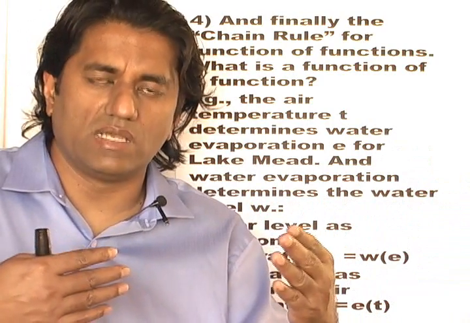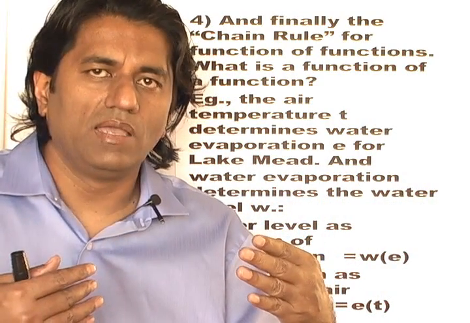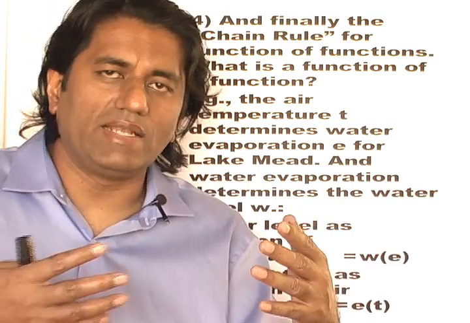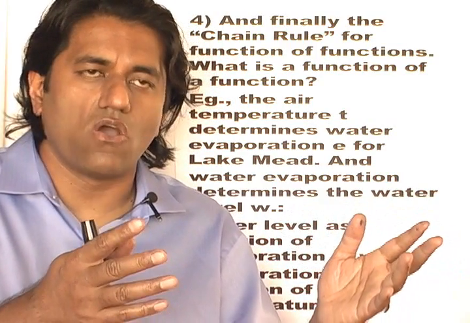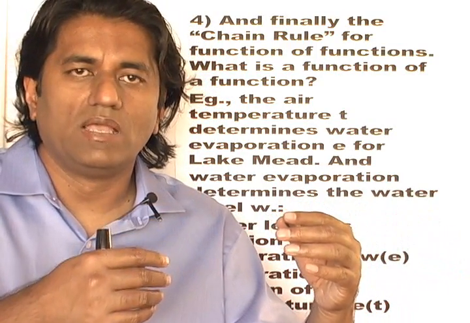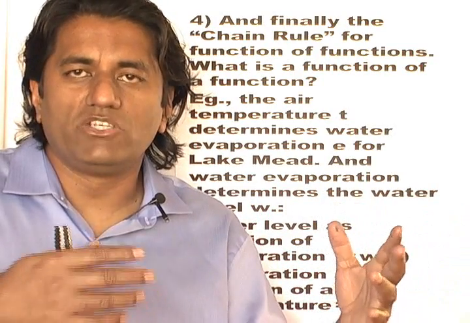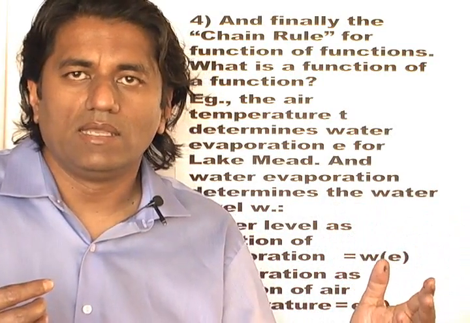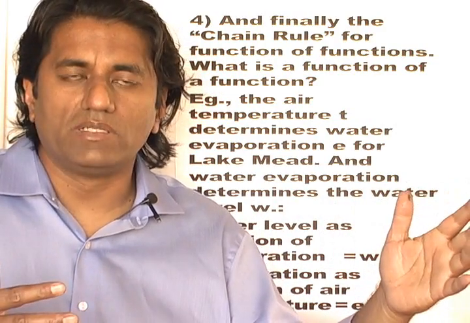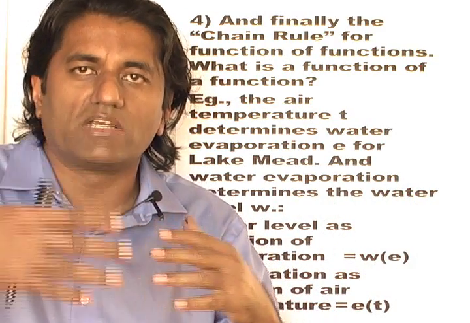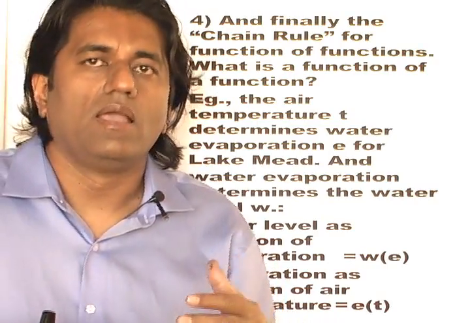So distance is a function of time, and there's something else which could depend on distance. So, for example, the amount of gas which your car is consuming could depend on the distance traveled. The amount of gas is a function of a function.